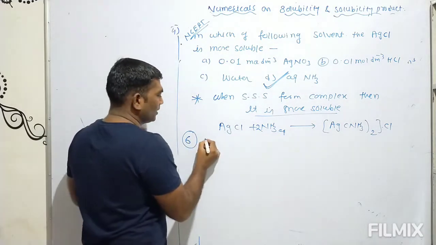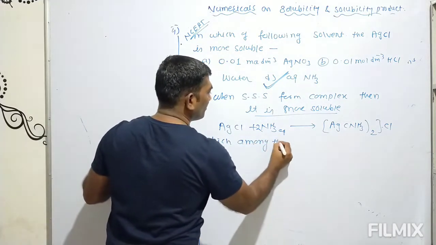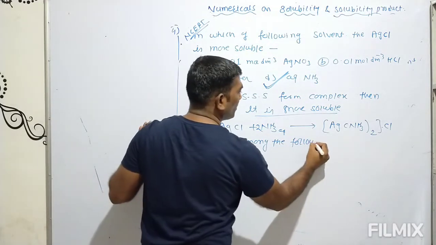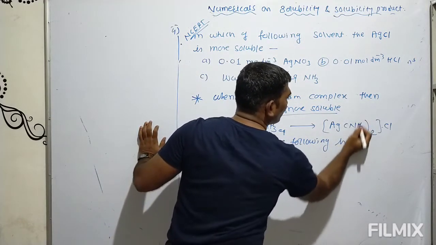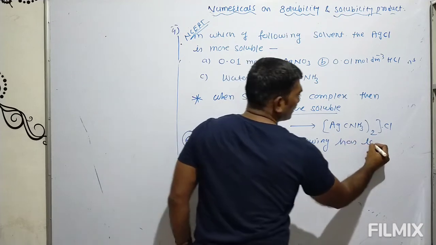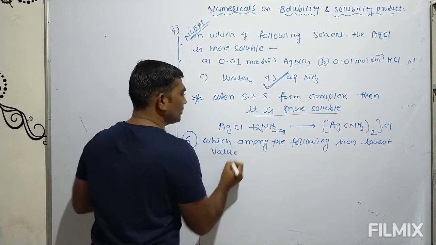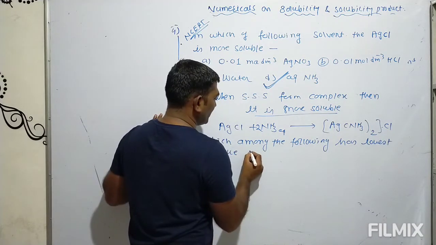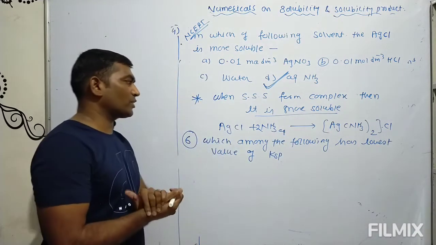Next, write down. Which among the following has the lowest value of Ksp?